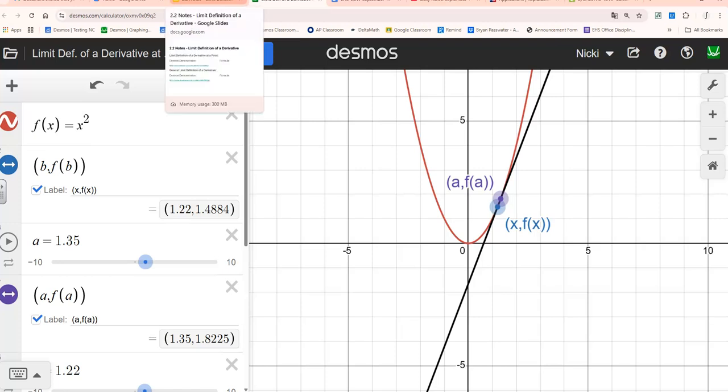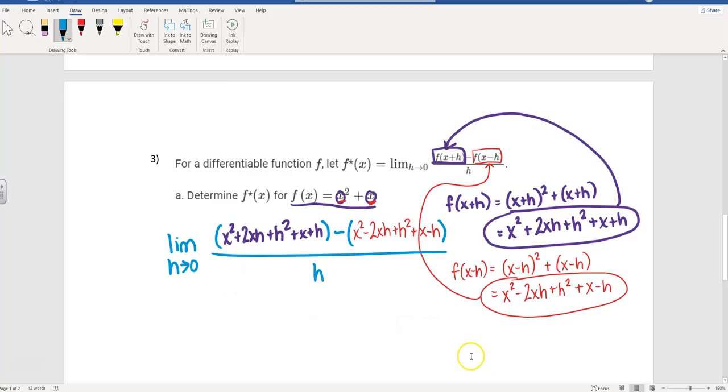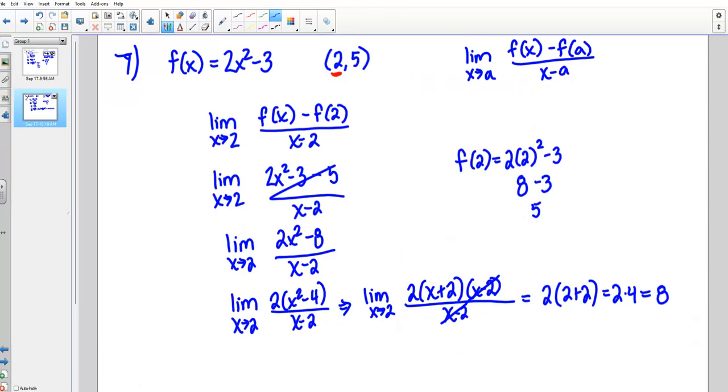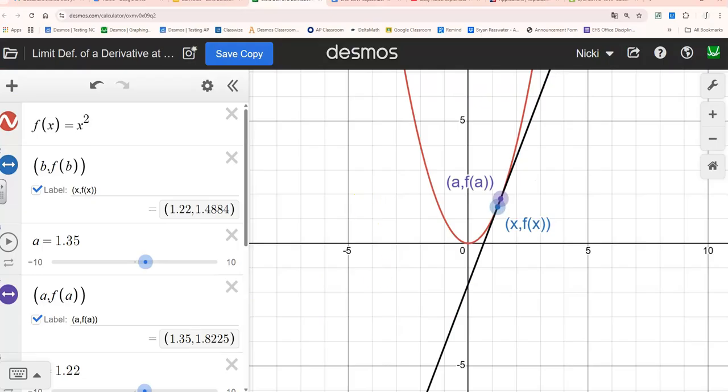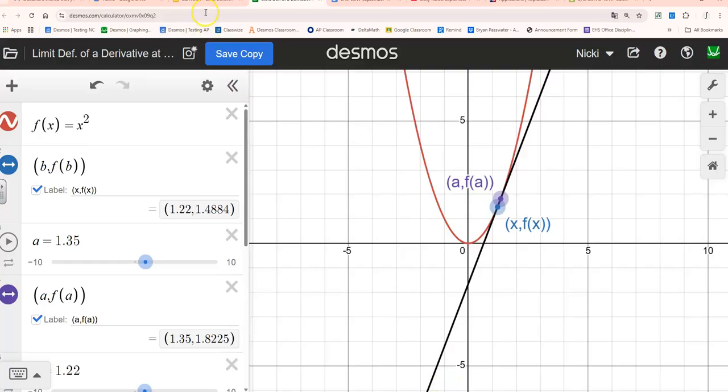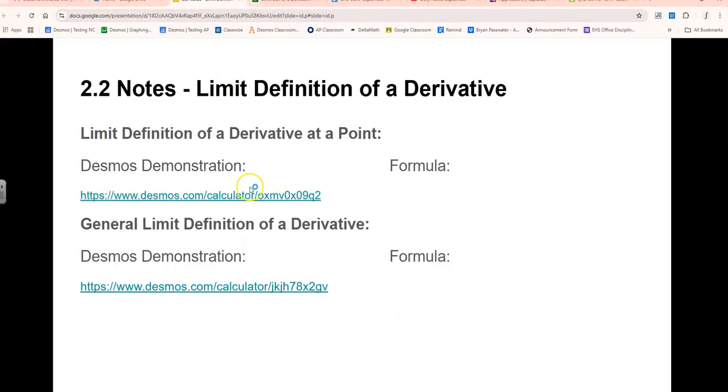So our formula for that, we already have it, but let's write it down. The formula for that one was, I'm going to call it f prime of a.